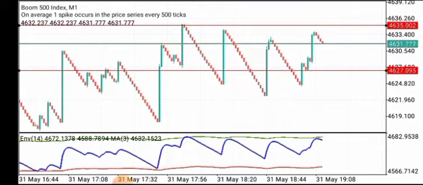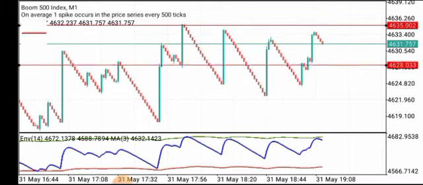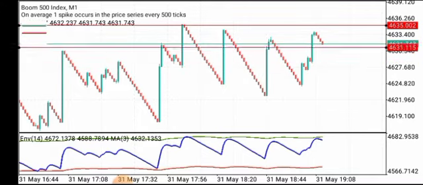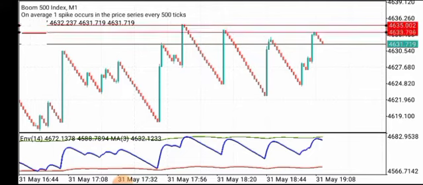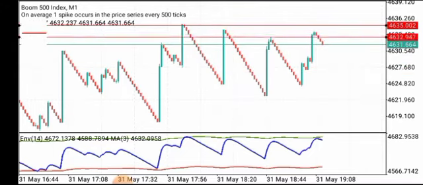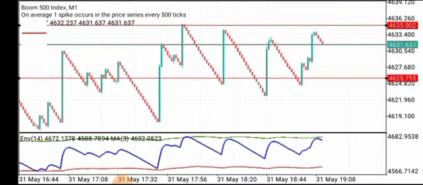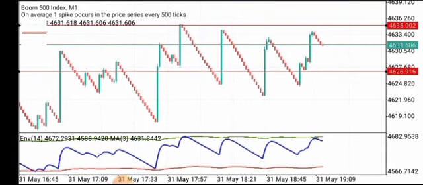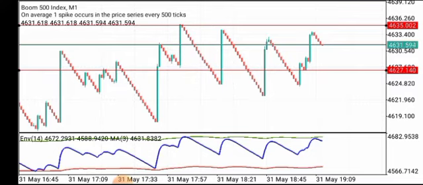Let's wait and watch, guys. We are expecting to catch a spike at this position. From here to here, there should be a spike within these positions, and immediately after the spike, we enter our trade. That's how you get to trade against the spike, and you make your profit.